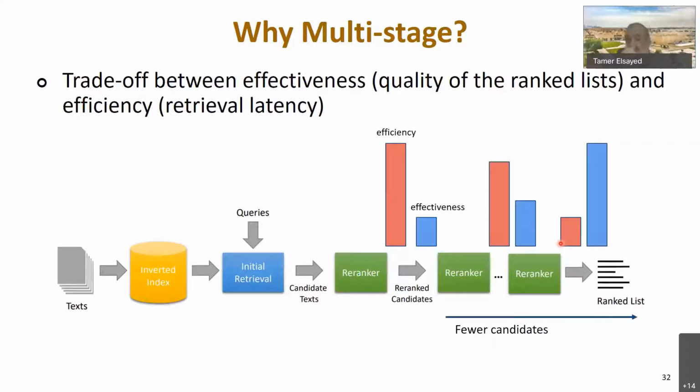That's what we call the efficiency-effectiveness trade-off. There is a trade-off between effectiveness and efficiency. As we get better results, we will be slower. We need more time. So we will have to have a way to control this, and this is exactly the goal of multi-stage re-ranking.